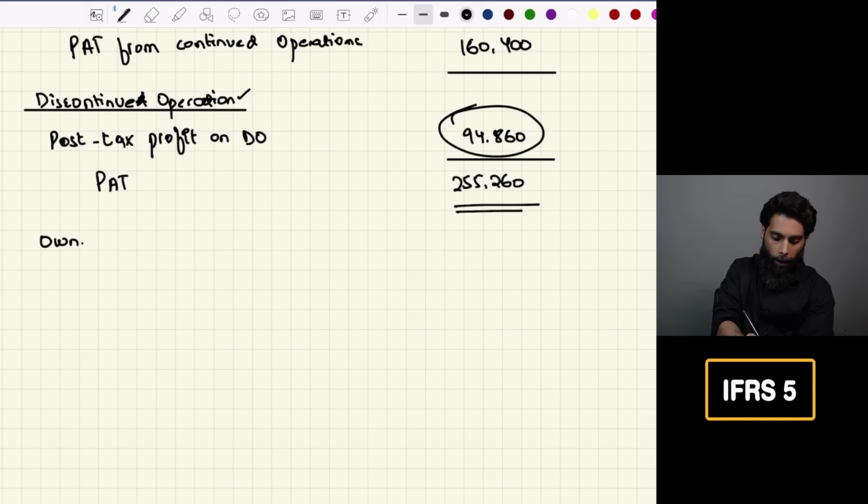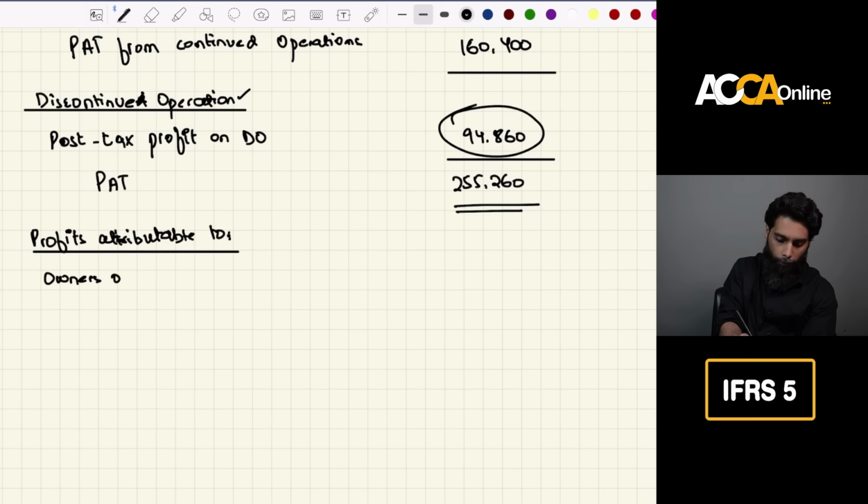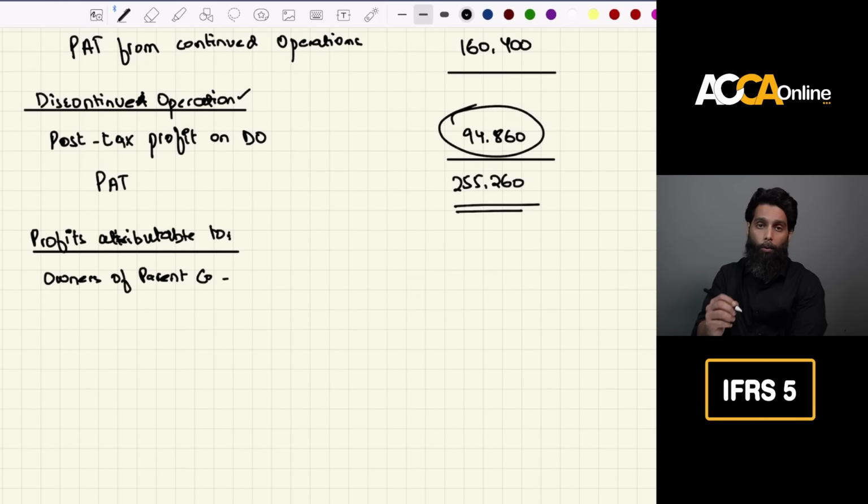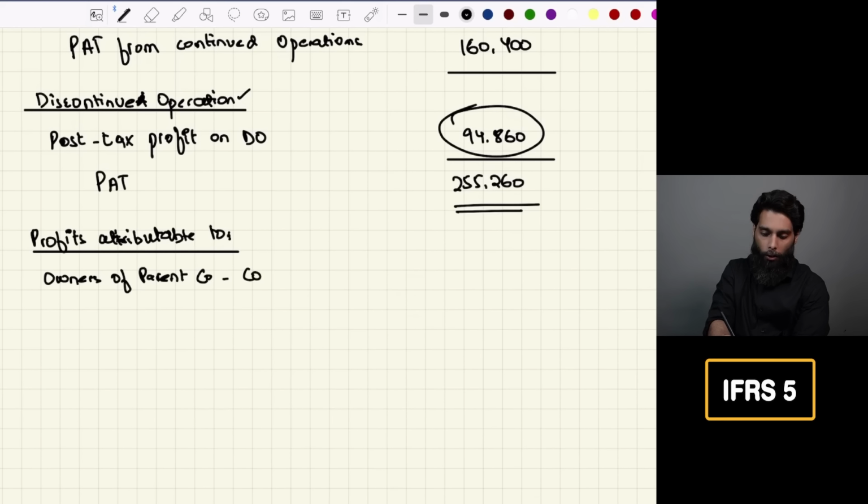And you obviously know that things don't end here. Then you will be making one heading of profits attributable to. So one profits will be attributable to owners of parent company. Now, when you write this, owners of parent company will be earning something from continued operations, as well as they will be earning something which is from discontinued operations.